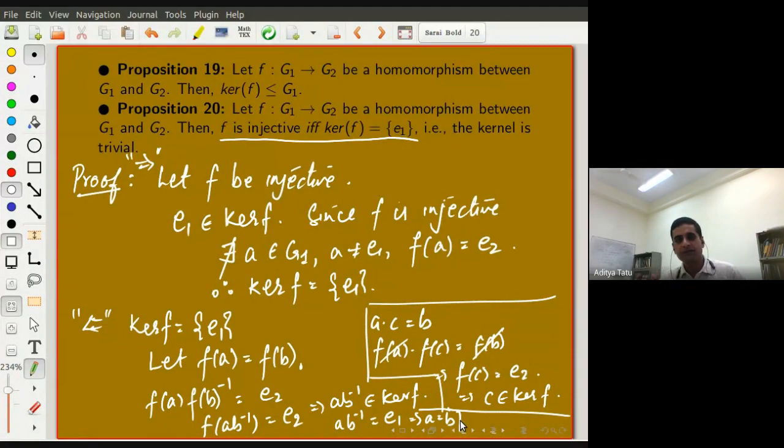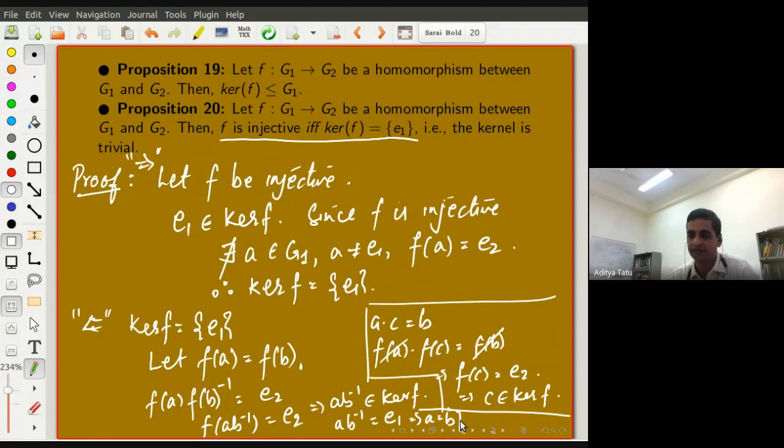So if the kernel of F is trivial, it basically means that F is injective as far as the identity is concerned. But it cannot be the case that F is injective only for the identity. It has to be injective for all elements. That is how I would interpret this proposition.